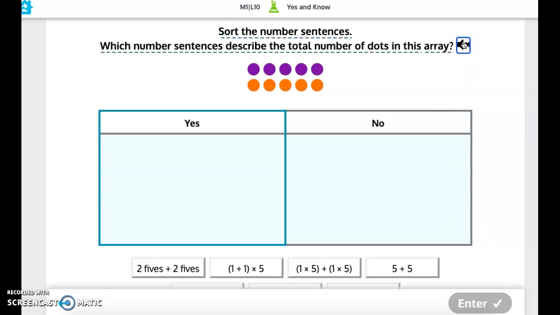Sort the number sentences. Which number sentences describe the total number of dots in this array?